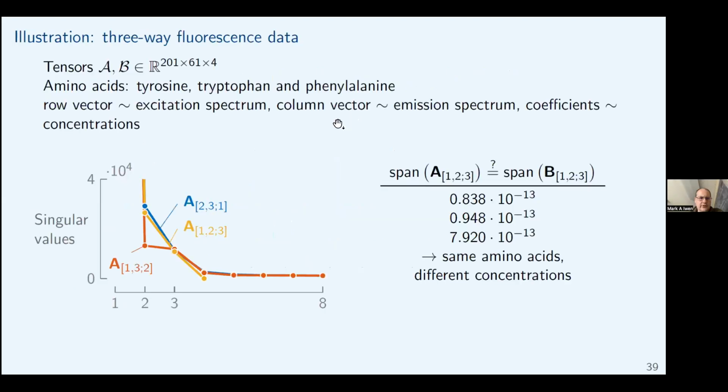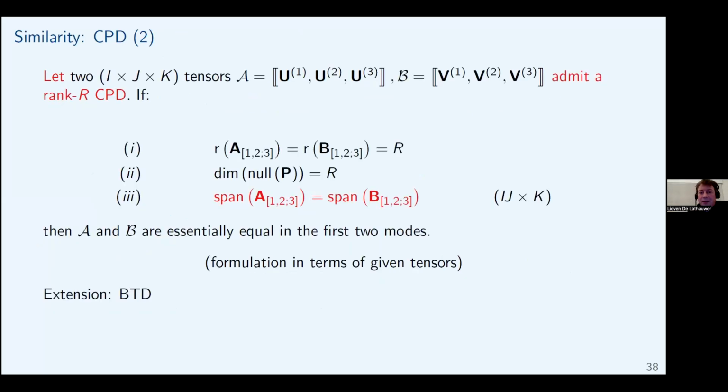Can I ask a quick question? Sorry. Sure, sure. This theorem is interesting, and I like it. I'm wondering if I had a tensor A that I knew admitted a rank R CPD, and I didn't know that B did, and these three conditions were satisfied, is there any way that I could conclude that B then also had a rank R CPD?